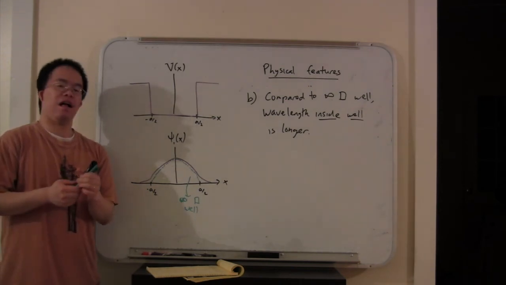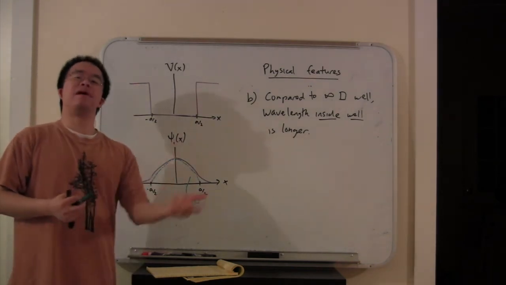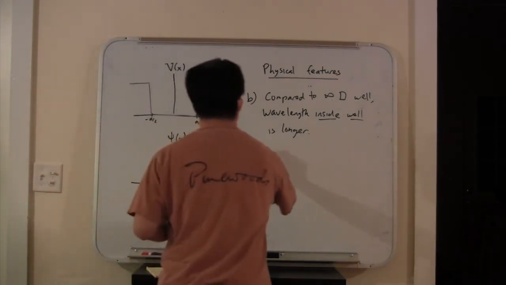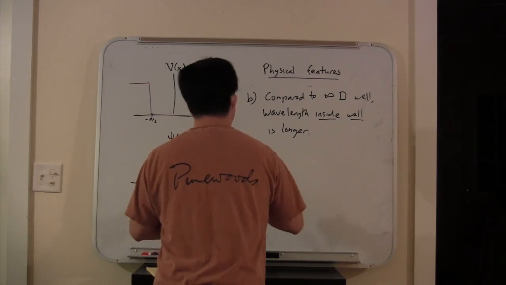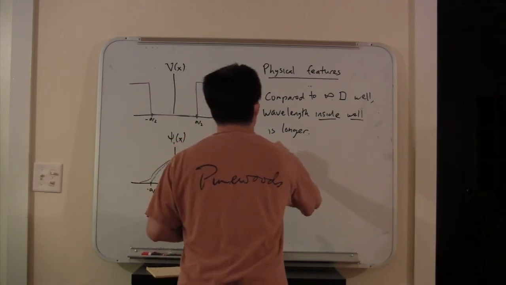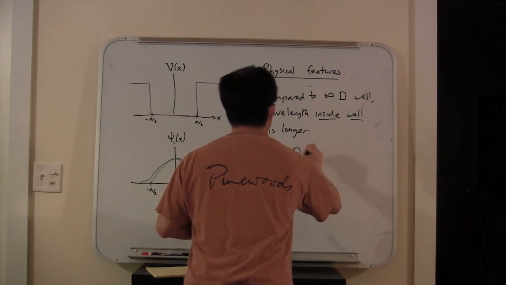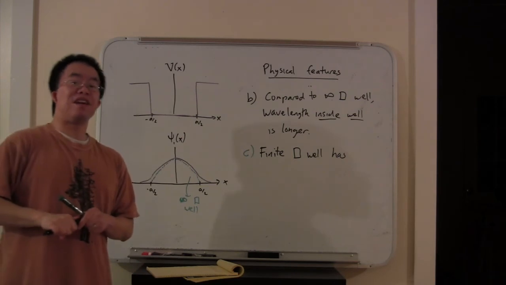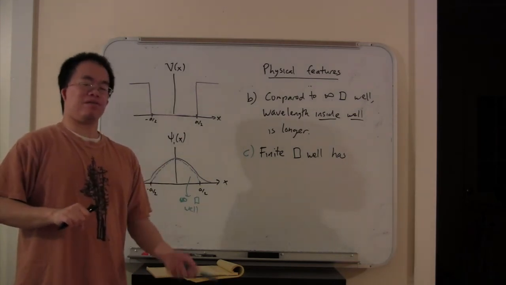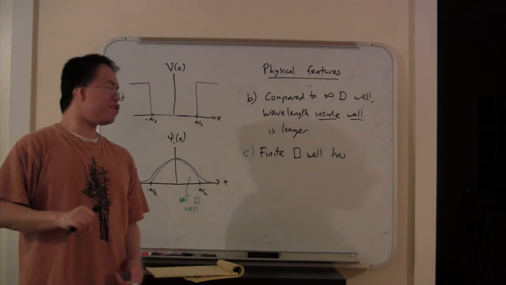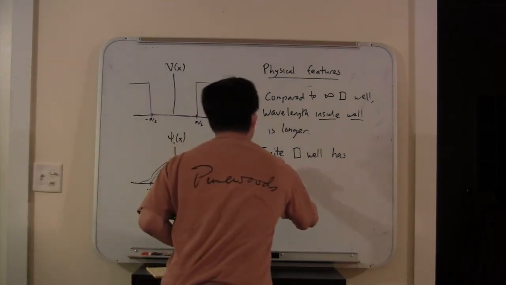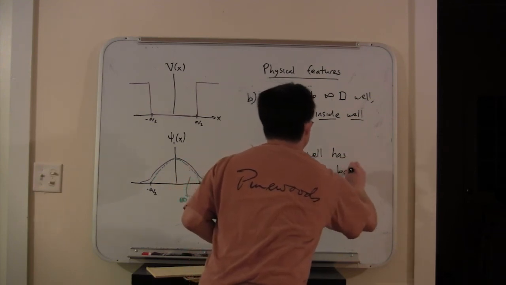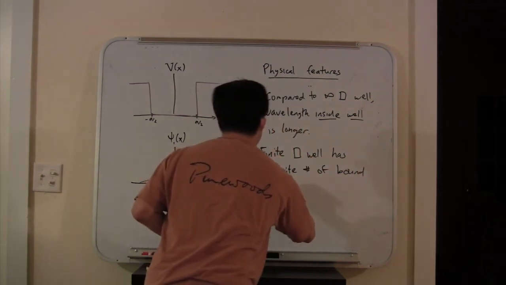The last thing I want to point out, which is another comparison between the finite and the infinite square wells, is that the finite square well has, rather than an infinite number of bound state energy eigenvalues and eigenfunctions, a finite number of bound states.